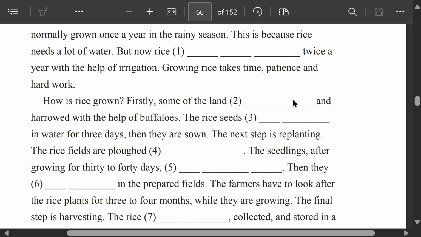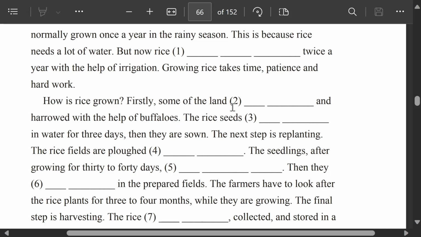The land is prepared. But here probably another verb, no? Maybe plowed? Yes, plow and harrow. So firstly, some of the land is plowed and harrowed with the help of buffaloes.